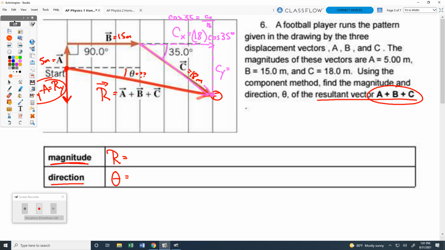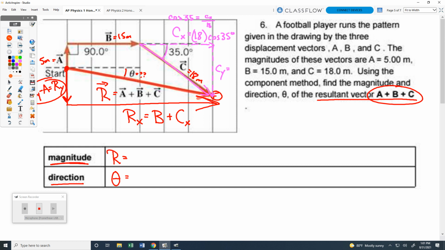Then I'm going to do the same thing down here. They ran B downfield and then they ran CX downfield. In other words, they ran a total of RX downfield. RX is going to be equal to B, because that's downfield, plus how far CX they went downfield.